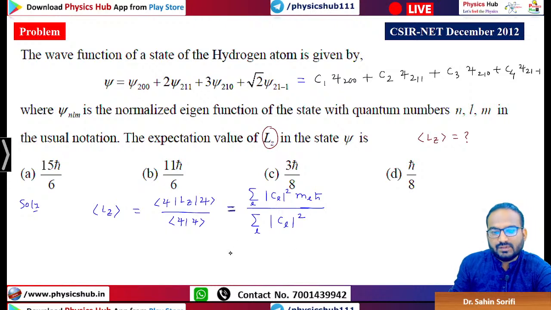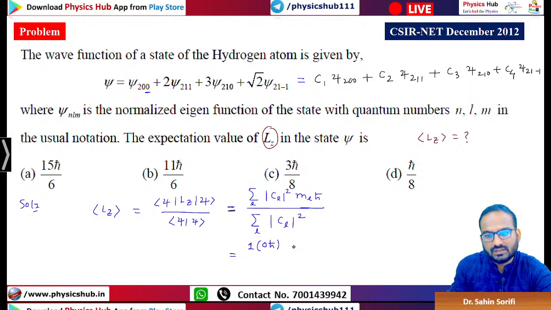Look, what will be the first term? CL square. So C1, L equals 1, C1 square. So 1 square is 1. ML ħ, ML is 0 here. So 0 ħ. Next term C2 square.